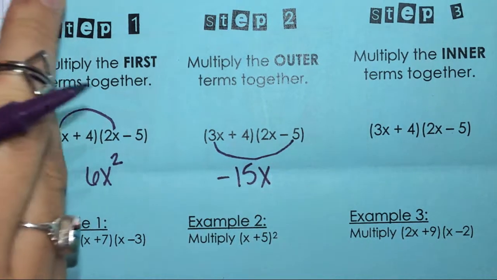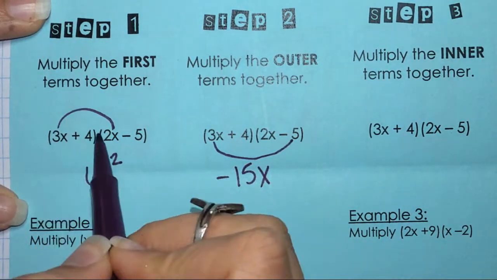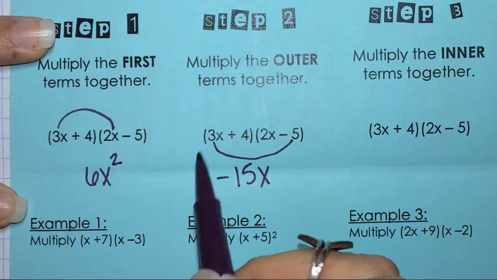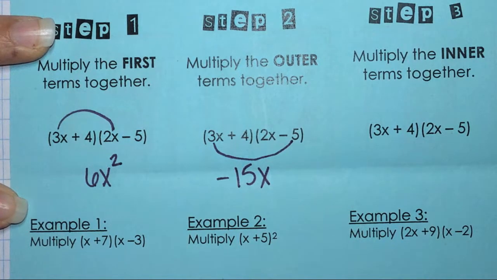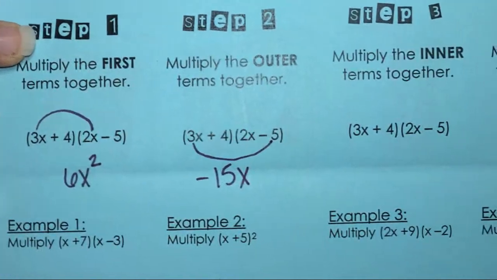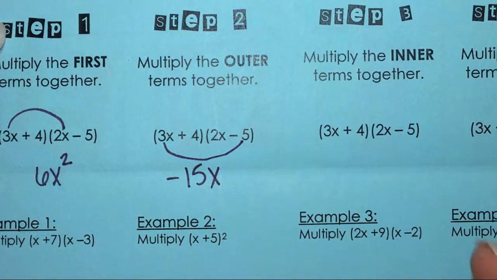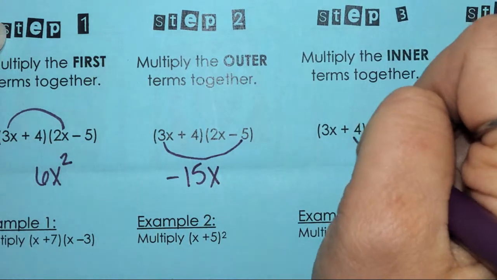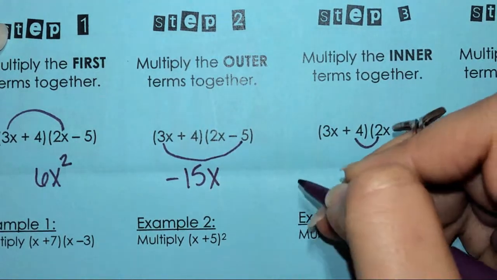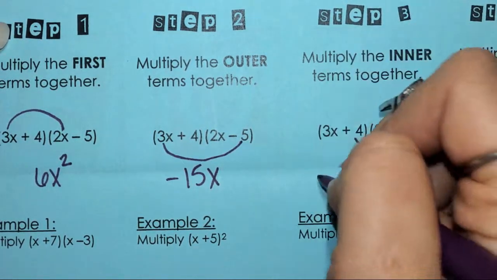So the first thing we did was we multiplied the first terms in each of the parentheses. Then we multiplied the outer terms in each of the parentheses. That's the O. The I stands for the inner terms, the ones that are close together. So which two terms are close together? 4 and 2x, which is 8x. Now, is it going to be plus 8x or minus 8x?